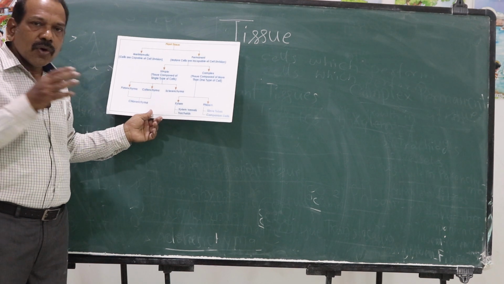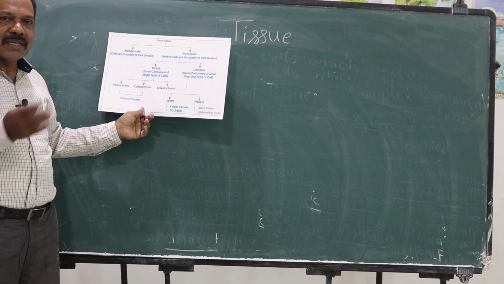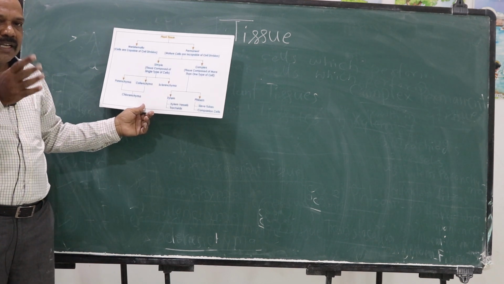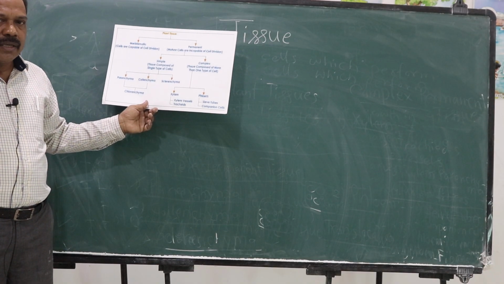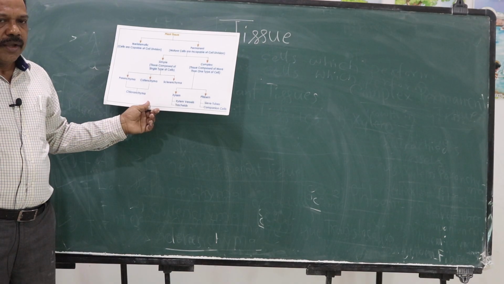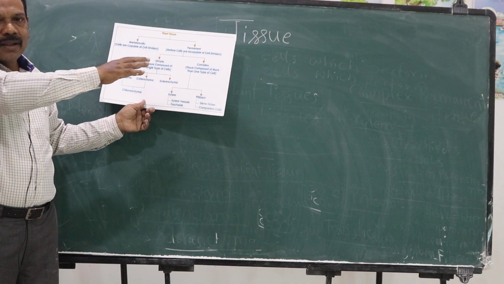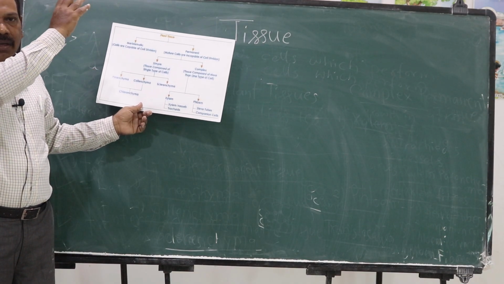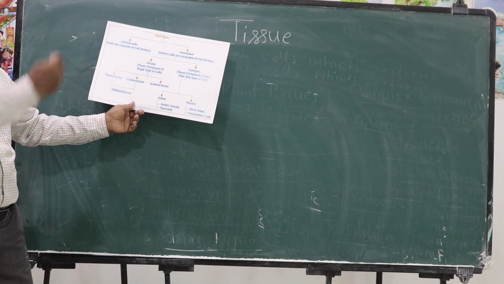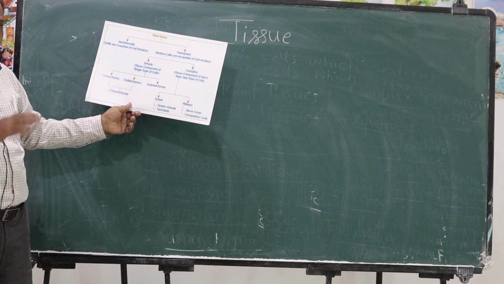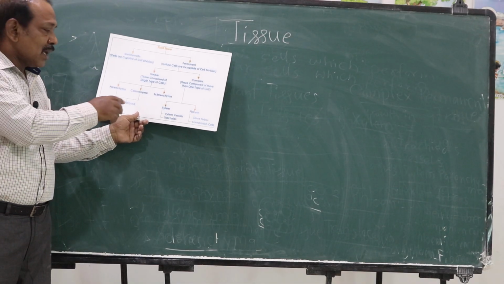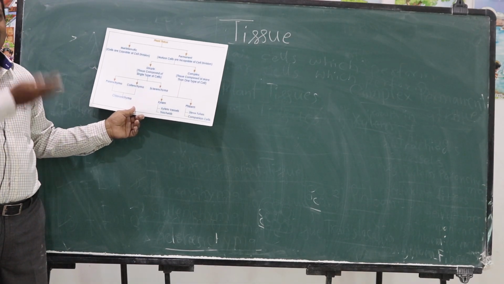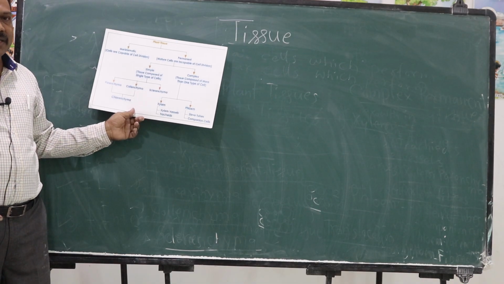And the transport of food or starch by phloem is called translocation because it is transported in all different directions.